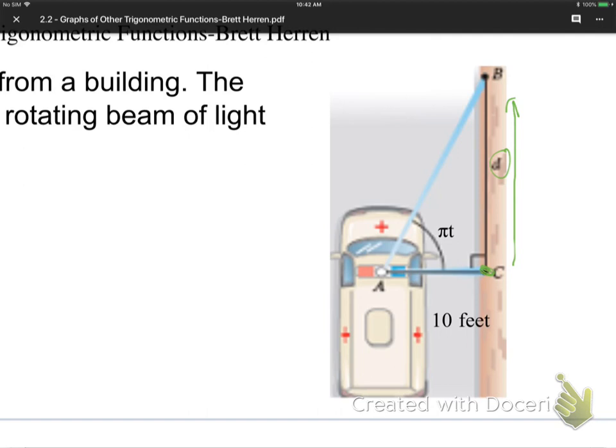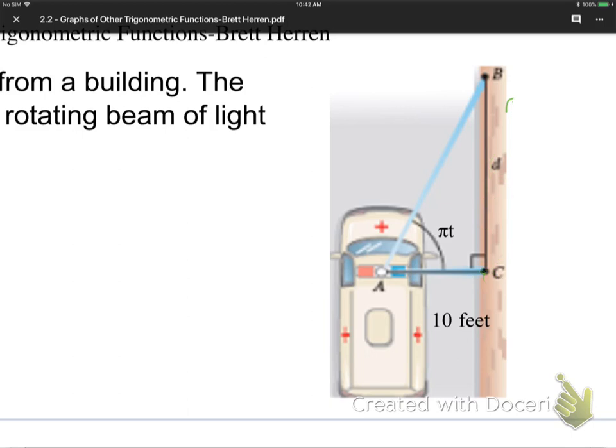If I shined a flashlight on that door, that's probably the closest point to me on the wall. Then I start moving it to the right and you tell me how far it is from the door: 1 foot, 2 feet, 3 feet, 4, 5. As the siren rotates and the dot moves, how far is it from C? That's what the D formula is.